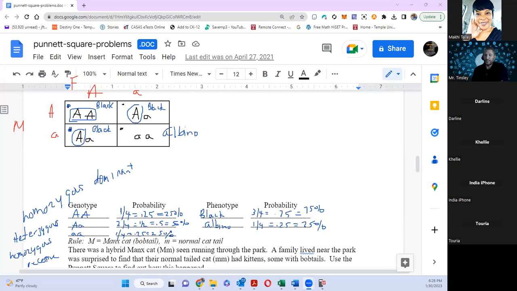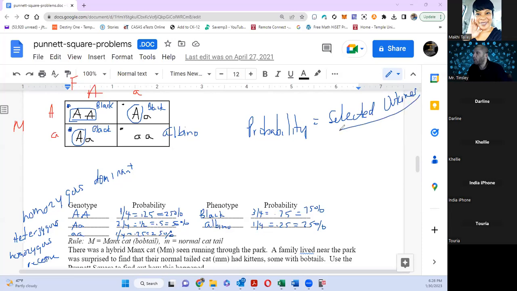Miss Tinsley, is this for science or math? Well, this particular problem is for the science exam. But probability as a concept can be given on your math or your science exam. So remember, probability is selected outcomes over total outcomes.